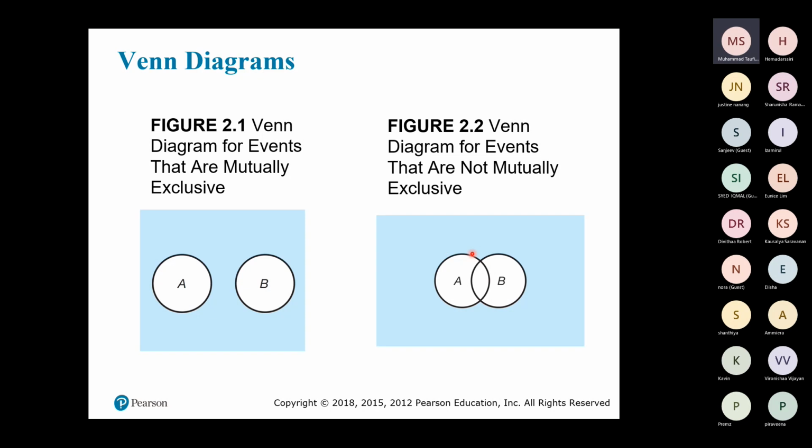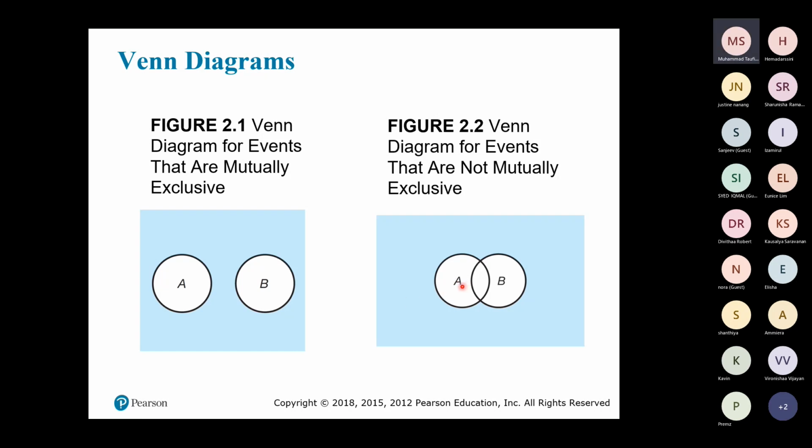For a not mutually exclusive event, for example, you want to predict whether your customer who comes to your shop buys a shirt or trousers.